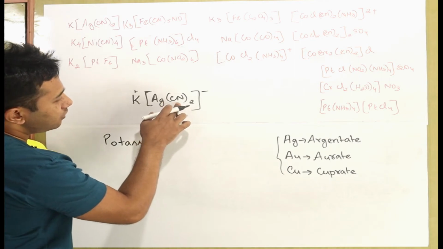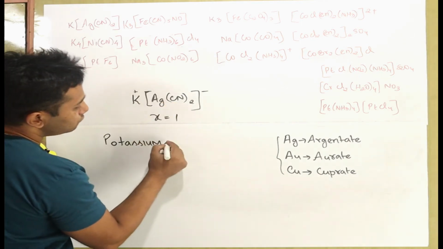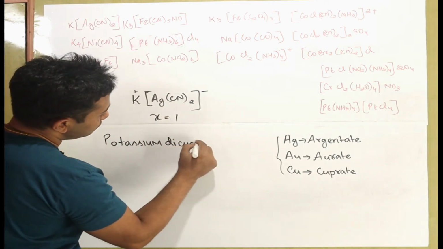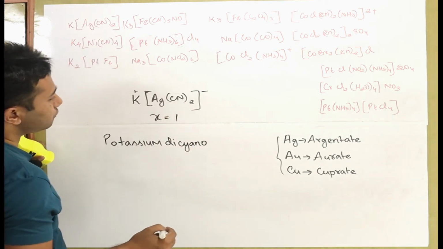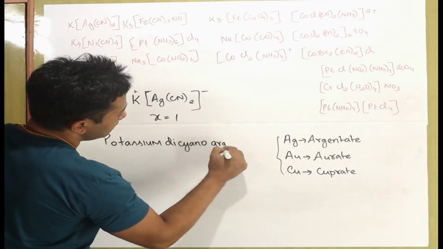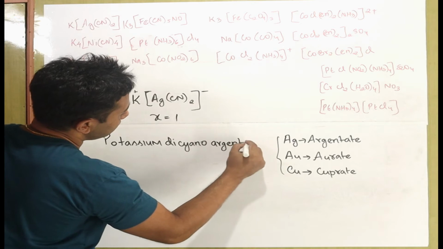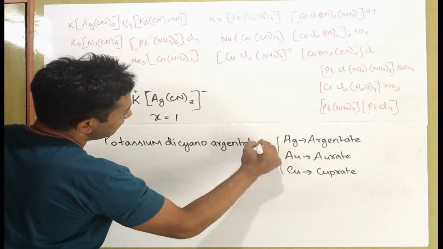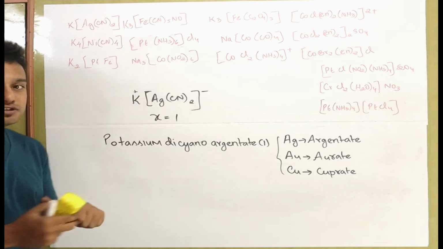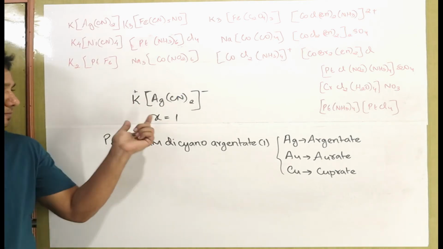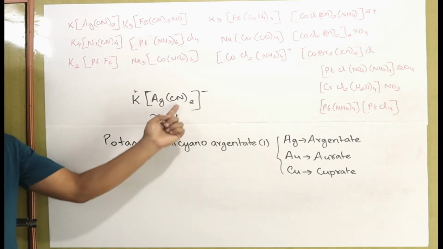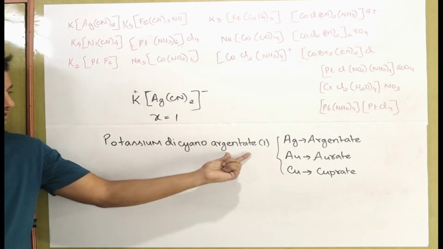Since there are two ligands, for 2 we have di, and this one is cyano, so dicyano. And for Ag we have argentate(I). So the name of this compound will be potassium dicyanoargentate(I).